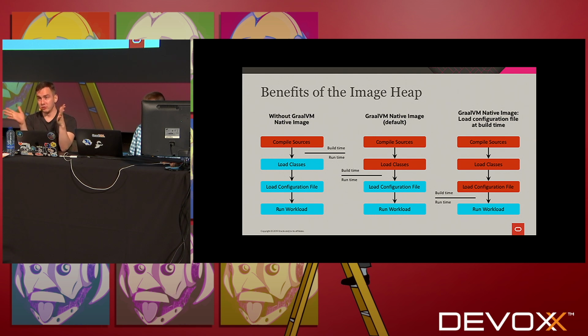And then you will get the best out of GraalVM native images. Of course, you don't have to do all that yourself. Sometimes you can use a library or a tool or a framework that will help you. And this is certainly doable.